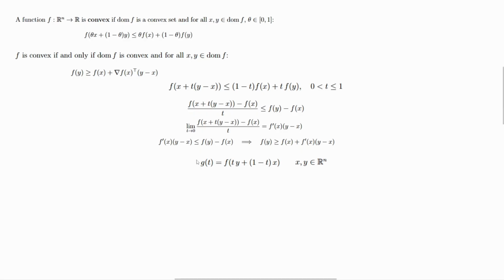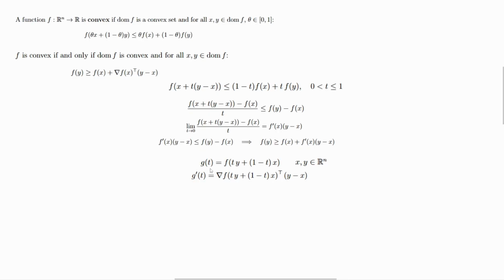So let's do that by defining this function here. And then we can also calculate its derivative, which is just this expression here by the chain rule. But notice that g of t is simply the height of the function on the linear combination of points between y and x.